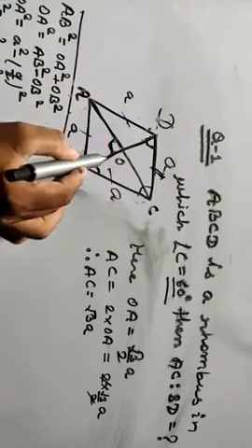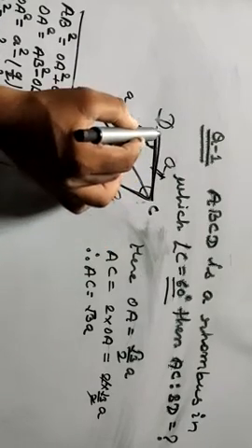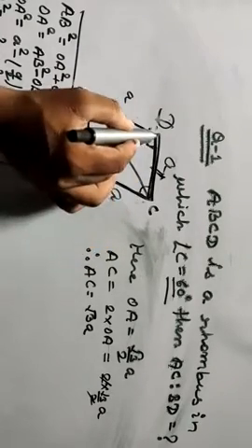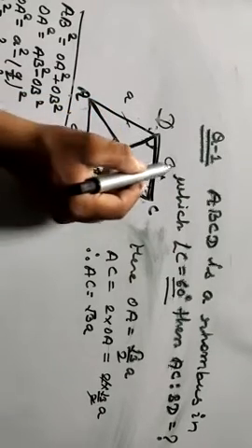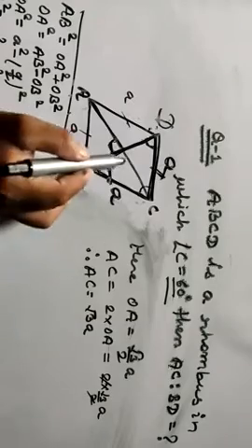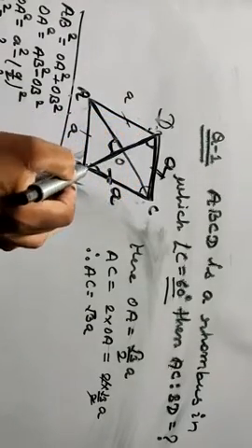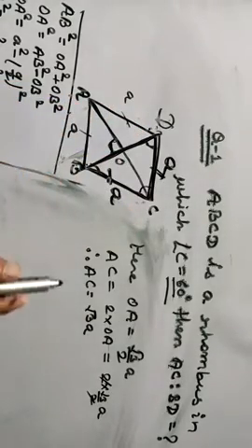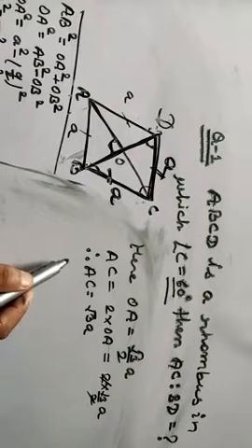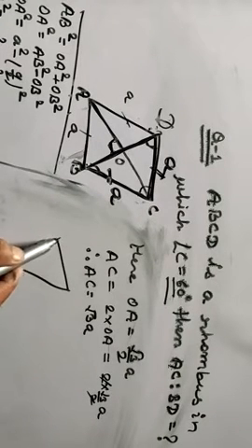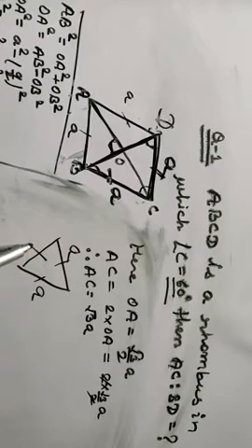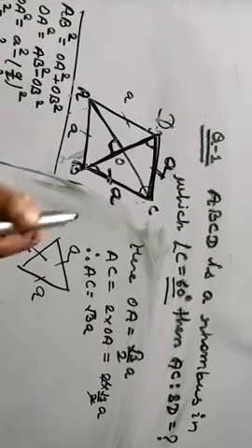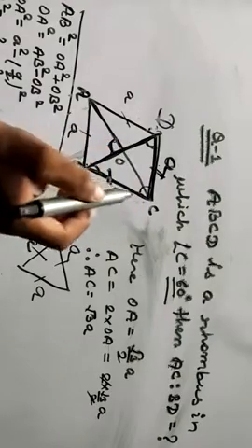If it is an equilateral triangle, then this side will be A, this side will be A, this side will also be A, because in an equilateral triangle all sides are equal. From the question we got, it is A, it is A.